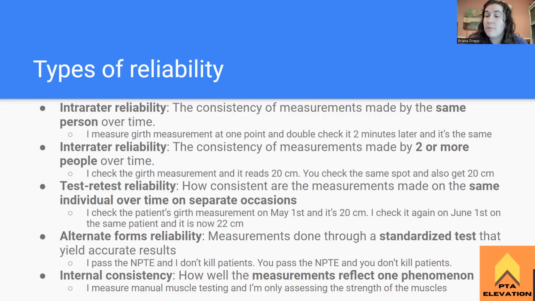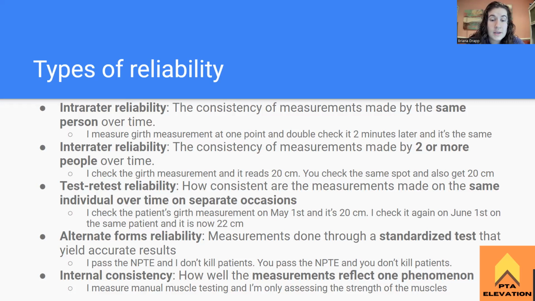For example, I'm checking this patient's girth on May 1st, and it's 20 centimeters. I do it on a reeval and they're at 22 centimeters now. Either that means that if they're a lymphedema patient, they got a little more lymphedema, or if it's a patient post quad repair, their muscles are getting bigger. Awesome. Essentially, we're testing the same thing twice, on evaluation and on reevaluation, and then testing it again later.